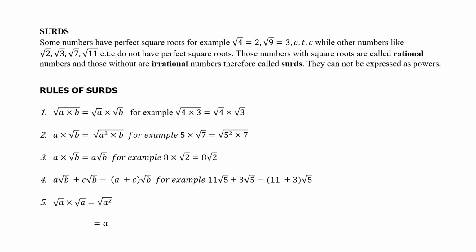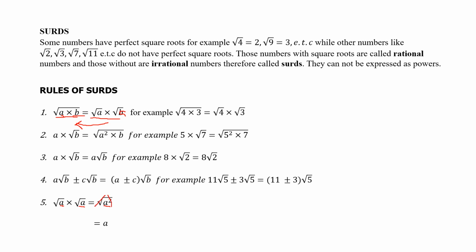When we go to the fifth one, this one is coming from the first one, but now the values inside the square root are the same. When we go back to the first one, we have the a times the a, then that's where we have the a squared under the square root, then the root will cancel with the square.